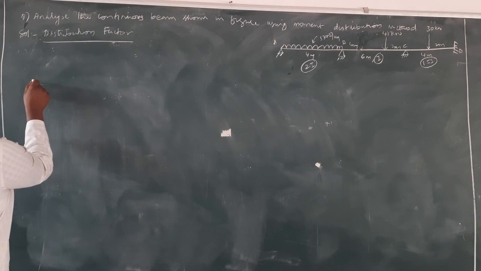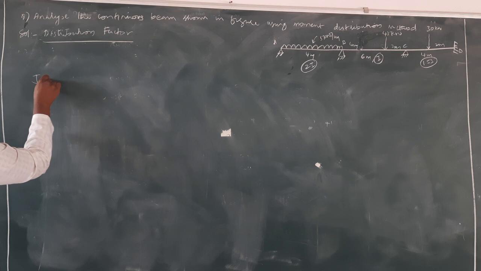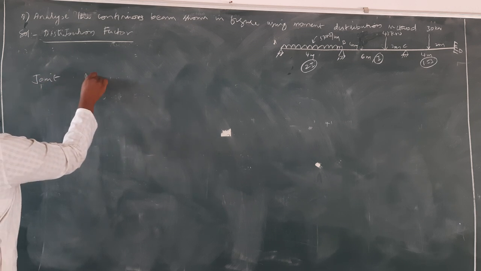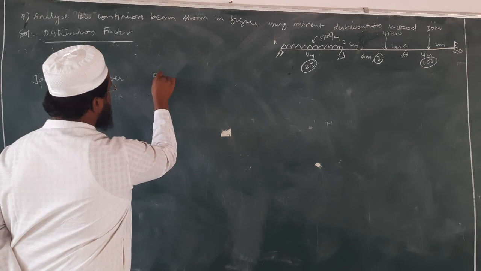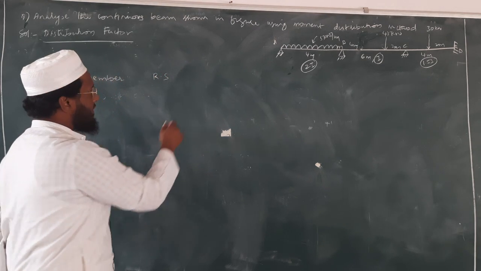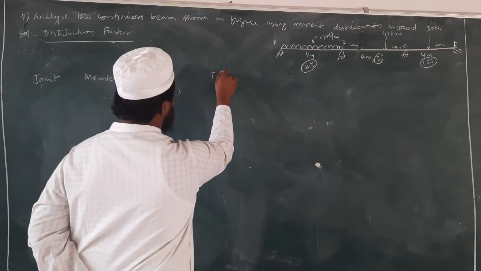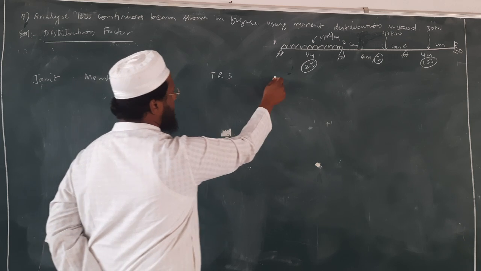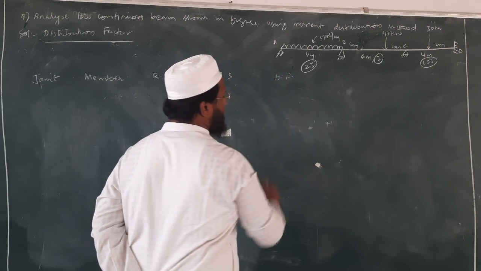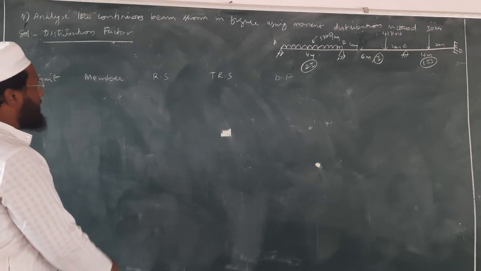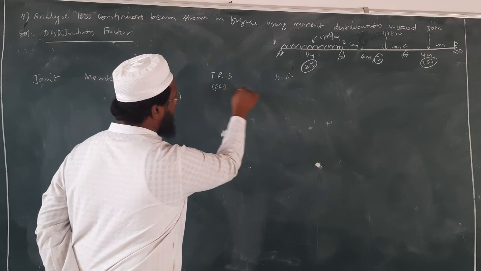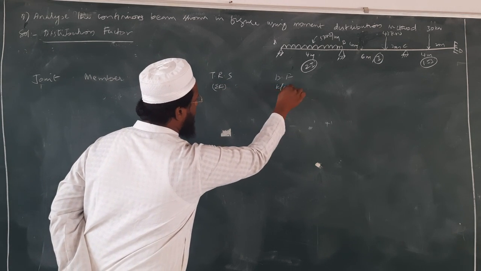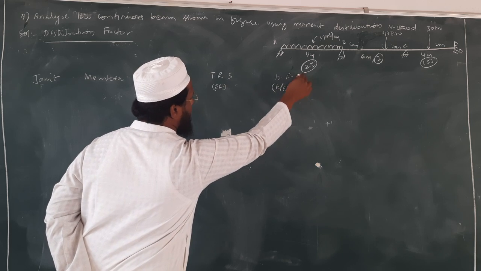So the table will be: we have joint, then member, then relative stiffness, then we have total relative stiffness, then distribution factor, isn't it? So this is denoted by K, this is sigma K and K by sigma K.